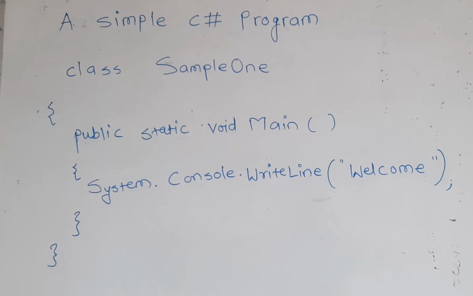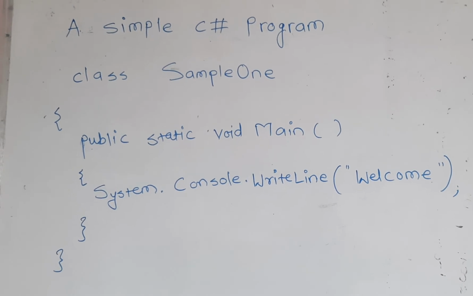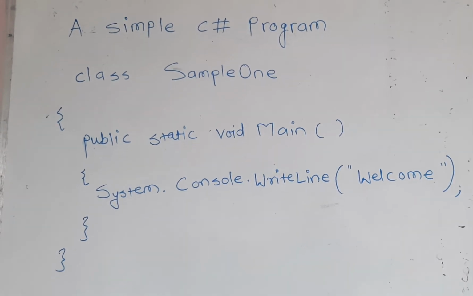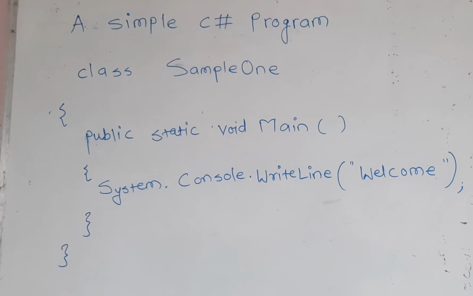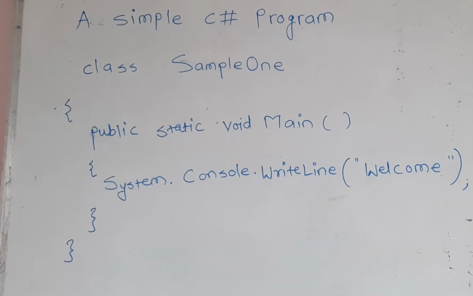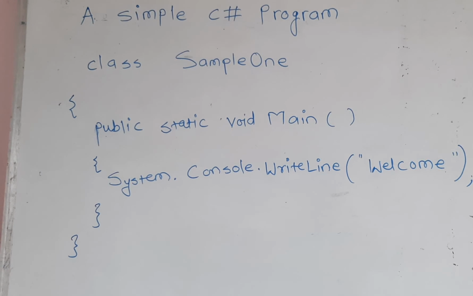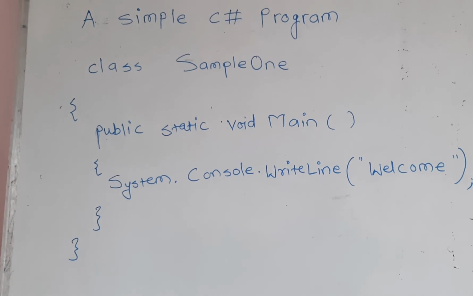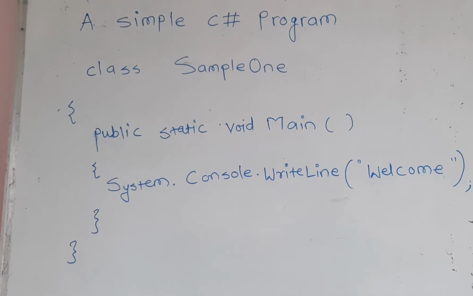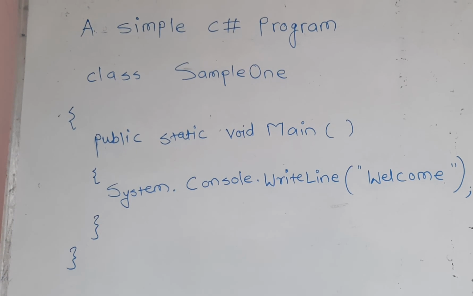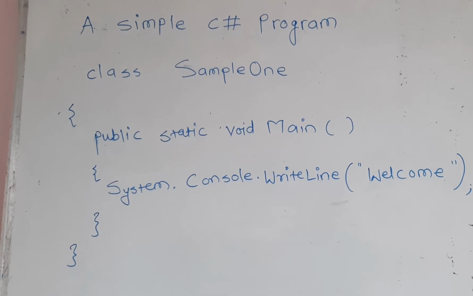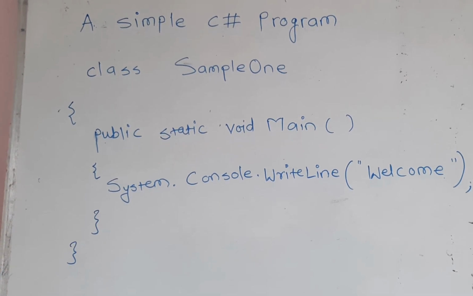So we use the WriteLine method from the Console class. Due to this, we write one dot, and that Console class is available in the System namespace. So we use one of the classes from the System namespace. Due to this, we write the dot symbol after System.